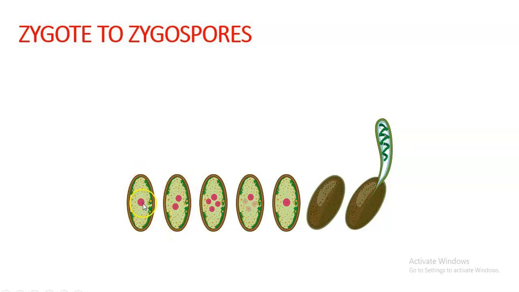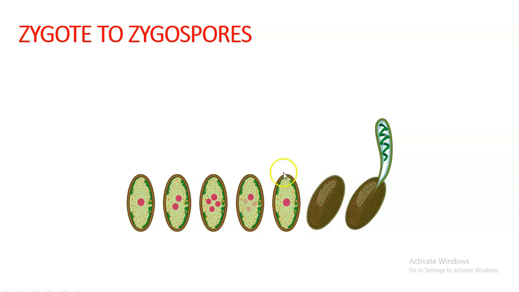And during the time of germination, this particular zygote or zygospore nucleus will be undergoing meiosis or reduction division, and 4 haploid cells are formed. Out of this only one will survive. Okay, this is a very important point, and the surviving nucleus will be the permanent nucleus for this new thallus, and it will be doing the germination.